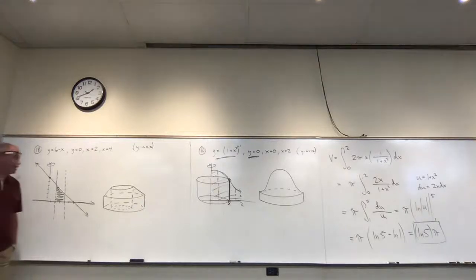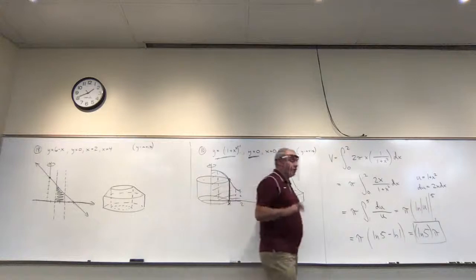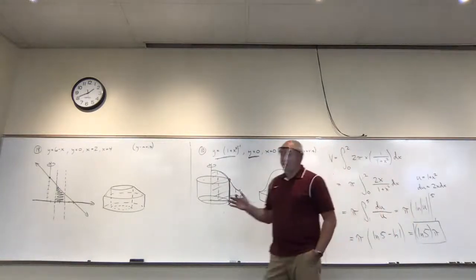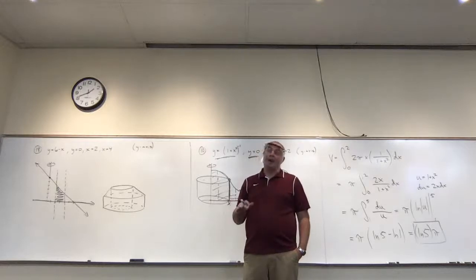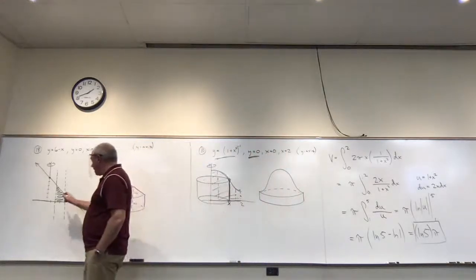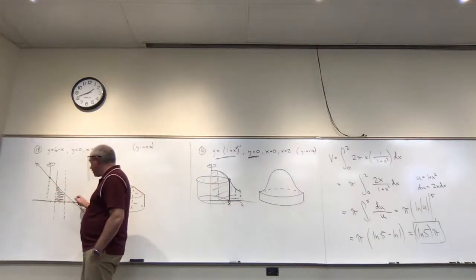First thing we should decide is: is this a washer method problem or a shell method problem? The answer is it's both, but there's one that's really nice and one that's really ugly. The question is, how do I want to make cuts? I can cut this direction or this direction.